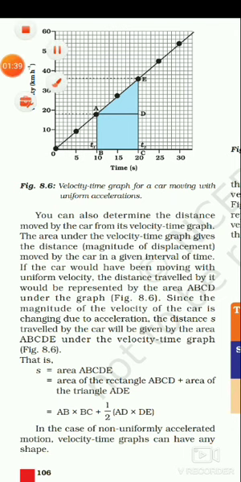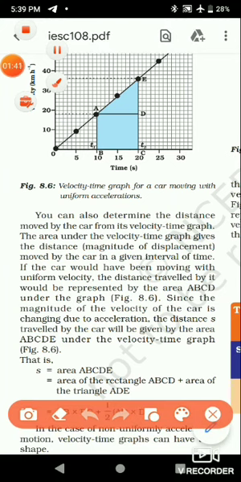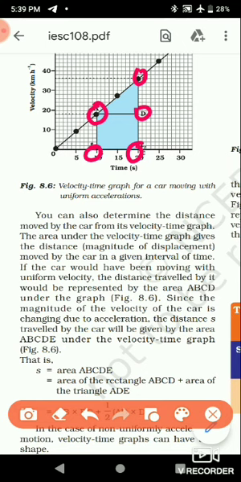So here the points we get are A, B, C, D, E, and the area covered by this trapezium ABCDE is the measurement of the magnitude of displacement.